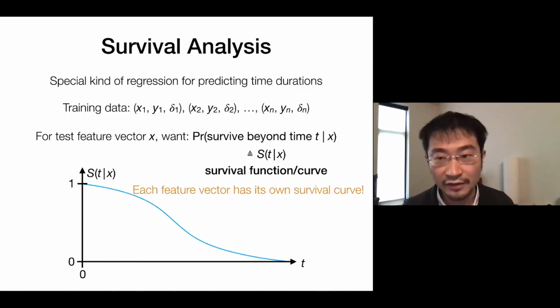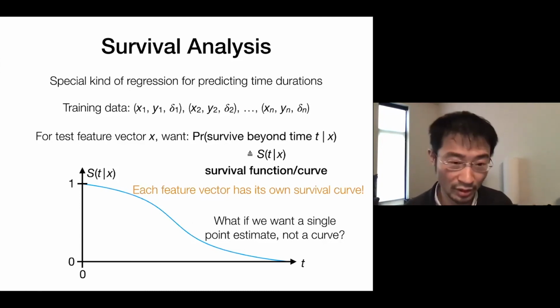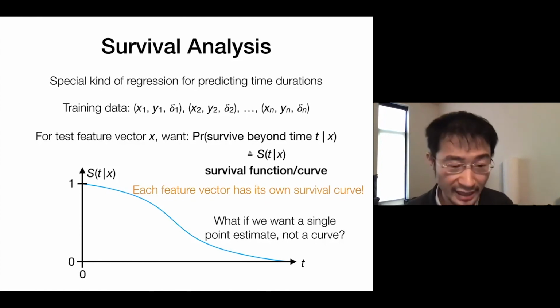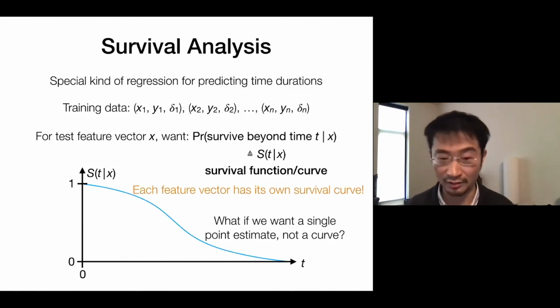And if you want a point estimate, an actual survival time, there are a bunch of different ways to get this. One popular way people estimate the survival time for a patient with feature vector x is you notice that this survival curve is 1 minus a CDF. And when a CDF crosses 1/2, that's a median estimate.